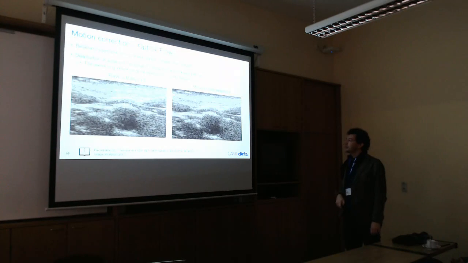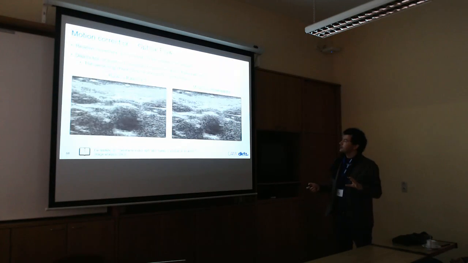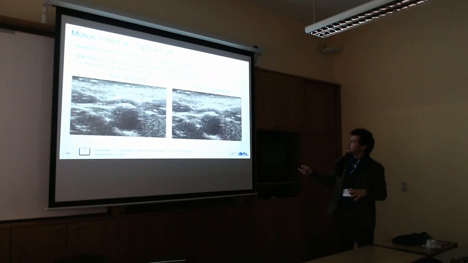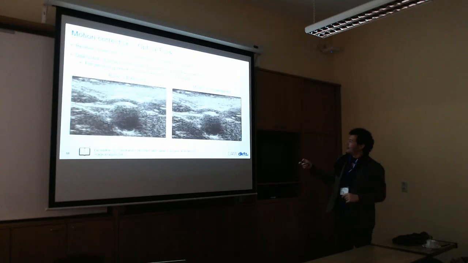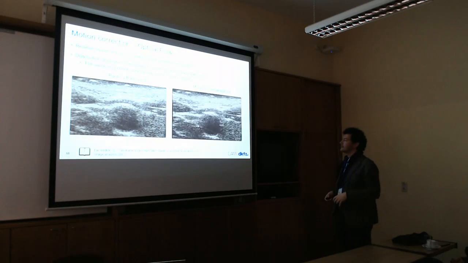So what we did is we estimated the flow field from the brightness patterns in our ultrasonic images. So if you see that here, this is basically the estimated motion flow field applied to the ultrasound image, and it kind of stabilizes that a bit.